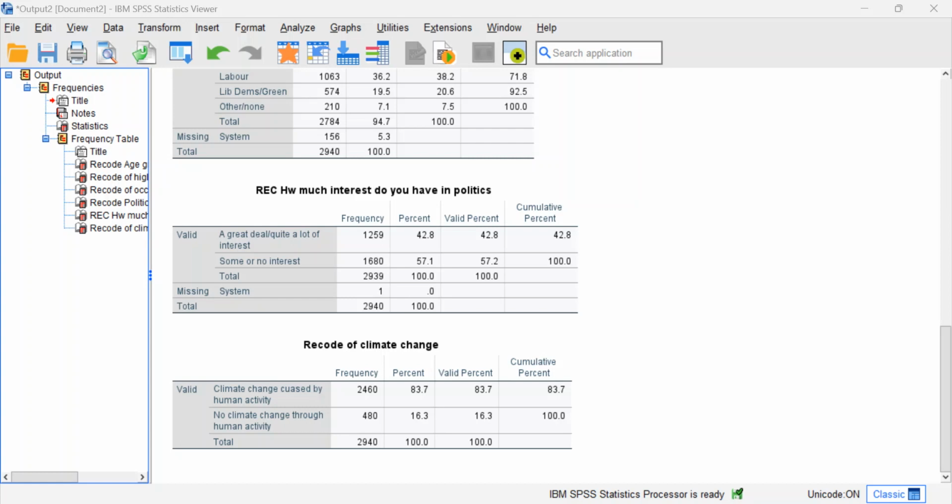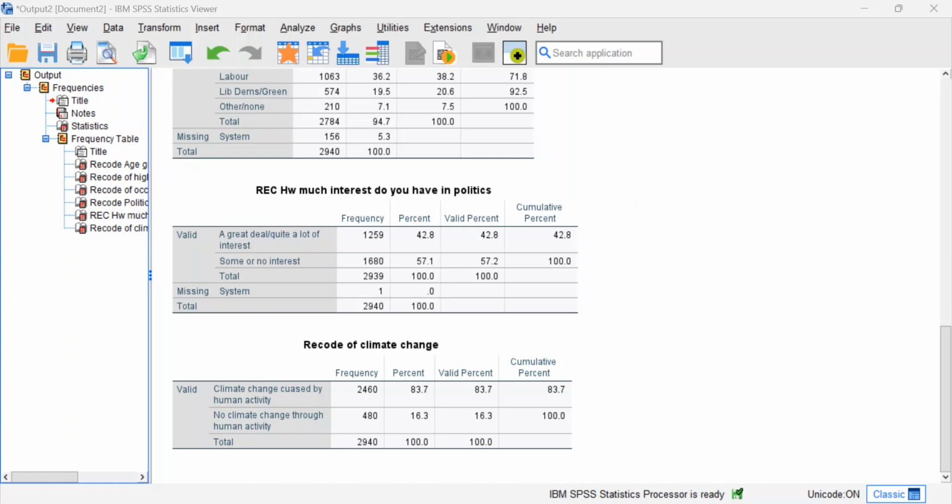Now, as you remember, the climate change variable has three values. Don't believe in climate change, believe in climate change but not caused by human activity, and believe in climate change caused by human activity. We can't run a logistic regression model with that variable as the dependent variable because it won't work.